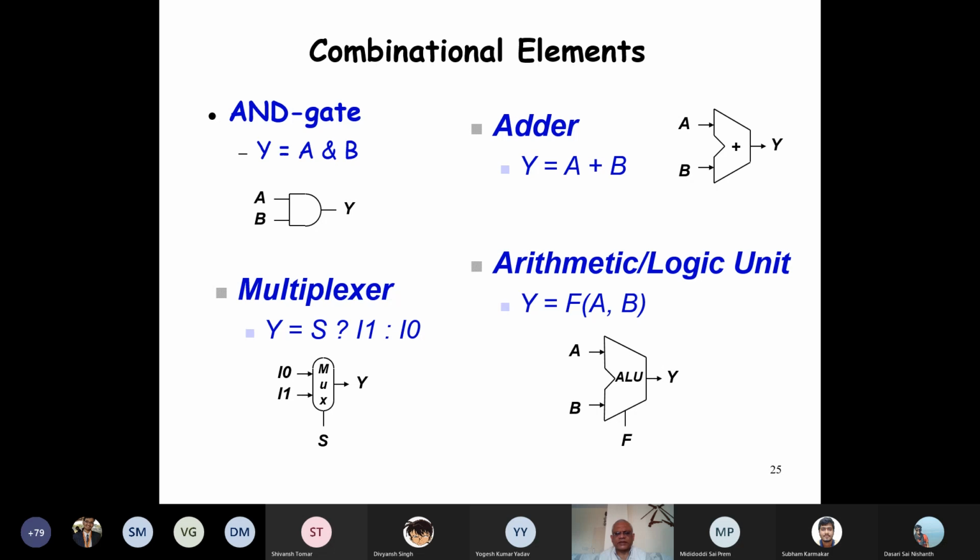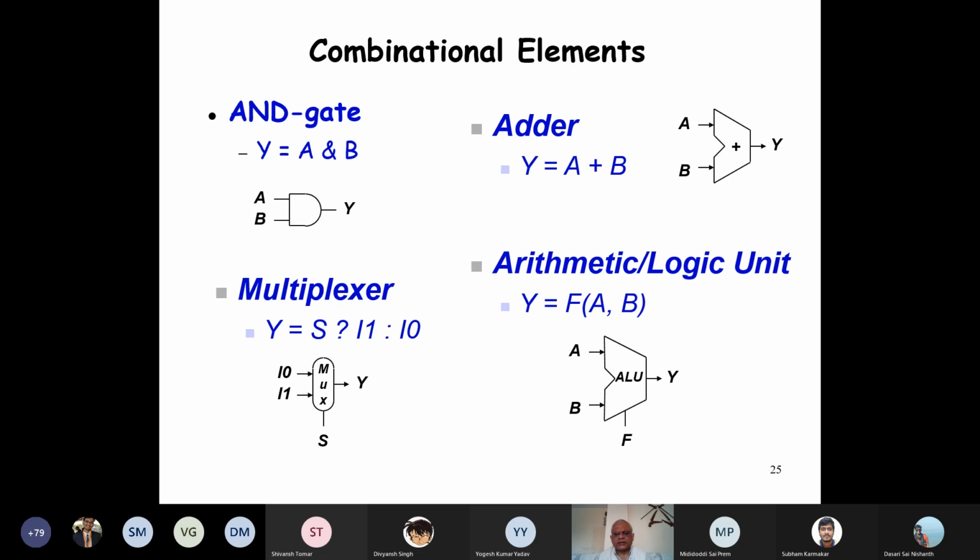The multiplexer we represent in this way. And the multiplexer, depending on the select bit, either I0 or I1, input 0 or input 1, is transmitted to the output, which basically implements the C functionality. The output is, depending on the condition S or the select input, either input 1 or input 0 assigned to Y. And an ALU we represent in this notation.